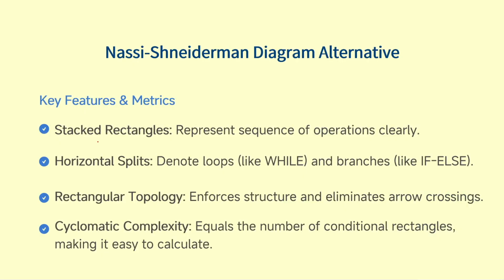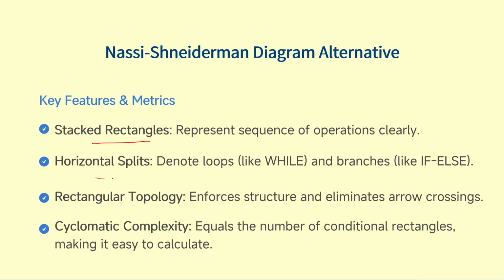Here the stacked rectangles represent the sequences of operations. From the previous slide we can understand there were 3 different boxes, which means 3 different processes that have to be executed in sequence. There could also be horizontal splits, which denote loops and branches, and the rectangular topology enforces structure and eliminates arrow crossings.